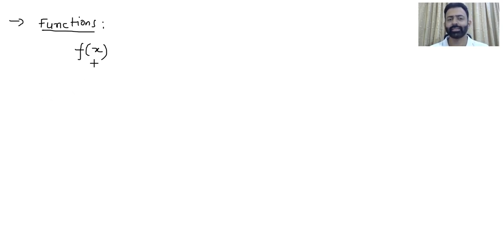This x denotes the input variable which is going to the machine, and correspondingly you find an output based on this input x. We write this output as y, so y = f(x).